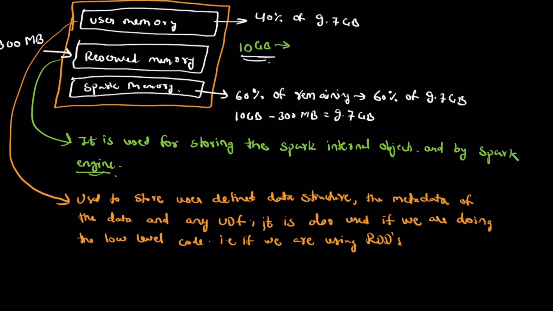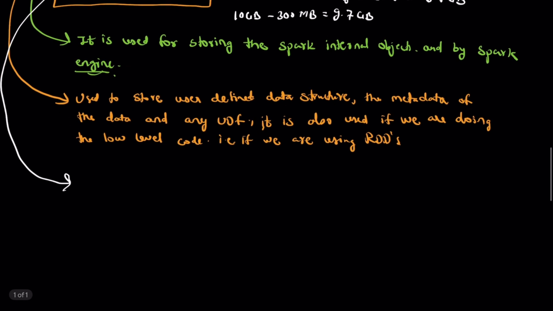So if we are using RDDs, it uses the user memory within the executor, and if we are using high-level APIs like the DataFrame, it uses Spark memory.